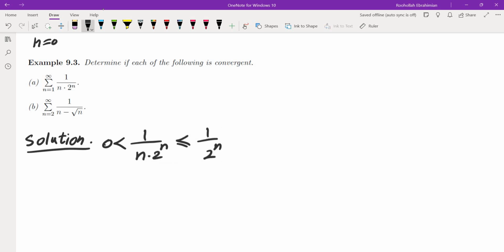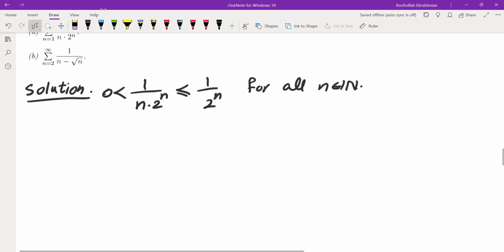As is the case for any theorem, I will have to check all of the conditions for all n in N. So these are two sequences: 1 over n times 2 to the n is less than or equal to 1 over 2 to the n.